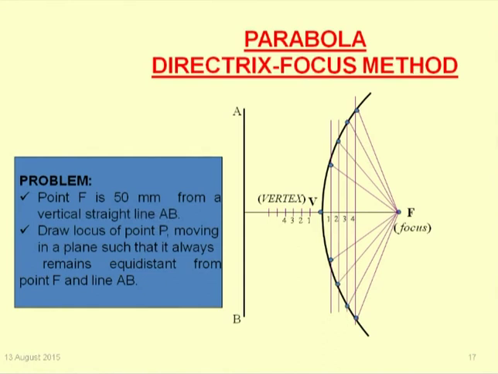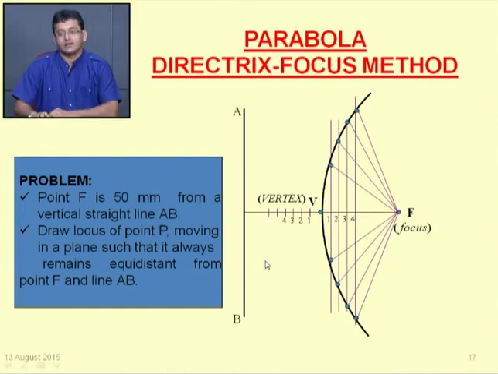You can also take a radius from here, if this point is R, so you can take R1 and take F as center. The intersecting point is the same. Here the vertex point is at equal distance, so you can take from here or from here. Take R1 as radius or take F1 as radius.